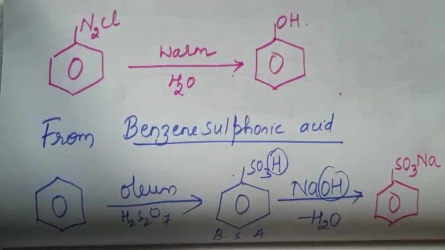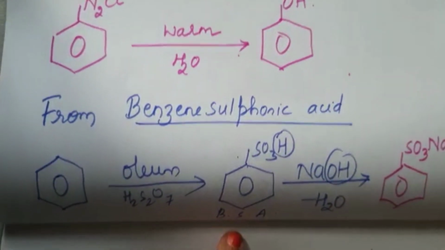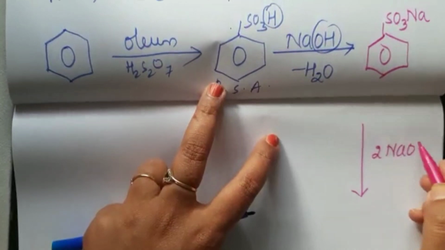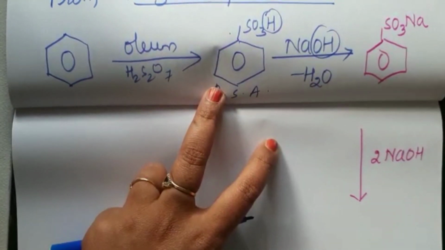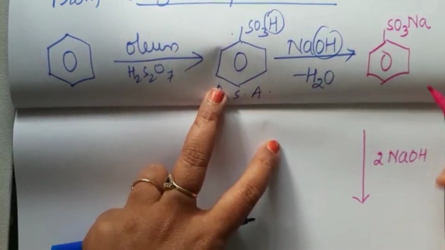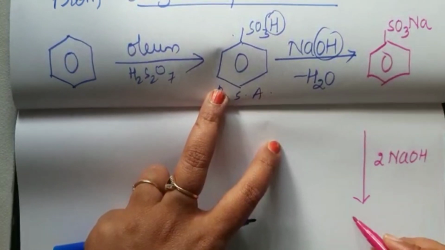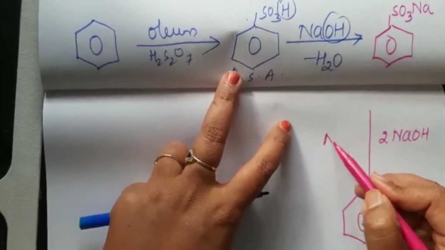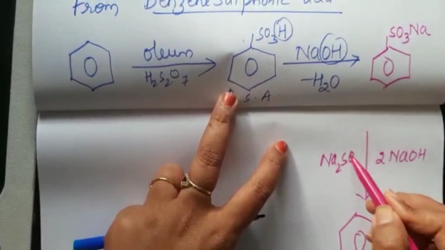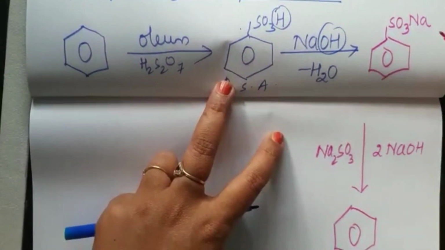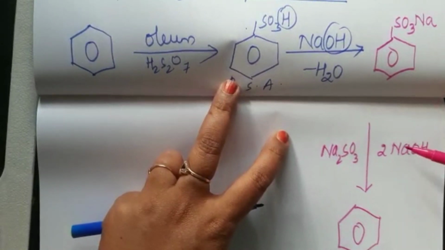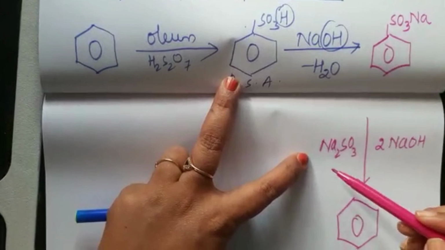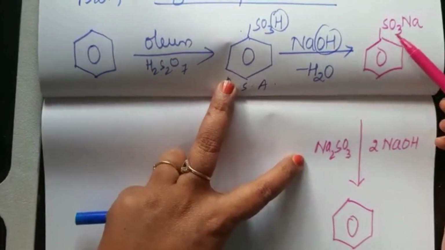So this molecule I am going to react, fuse it with concentrated NaOH solution. Whenever I react it with concentrated NaOH solution, there is removal of Na2SO3. So how many atoms of sodium are here? 1, 2, 3. Out of 3 sodium atoms, 2 have gone out and SO3 is gone out.